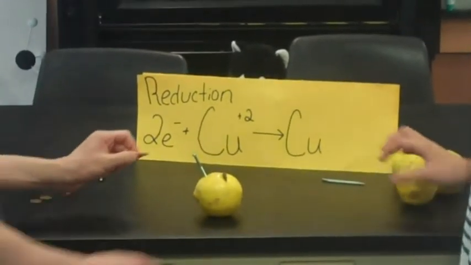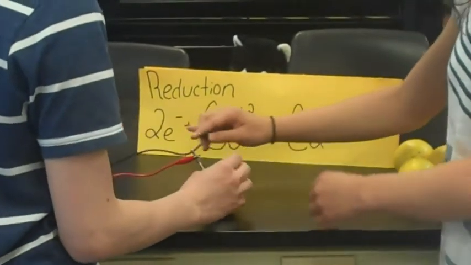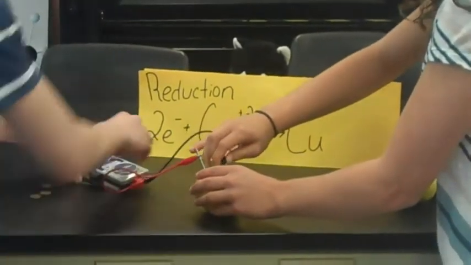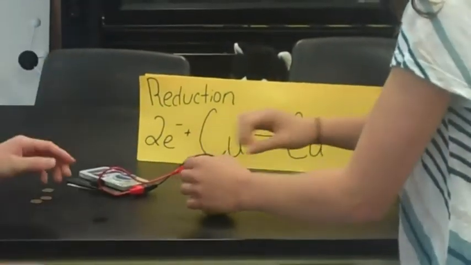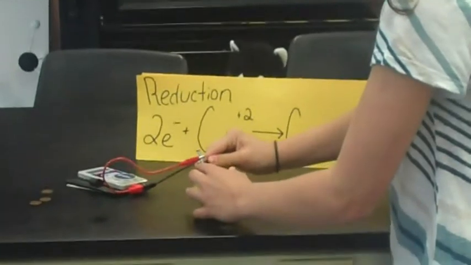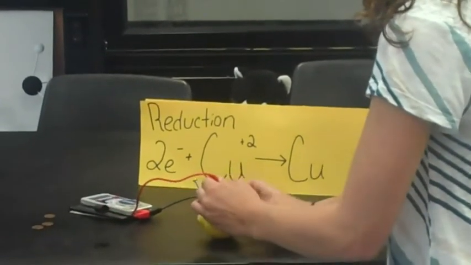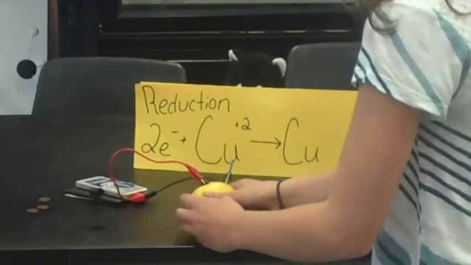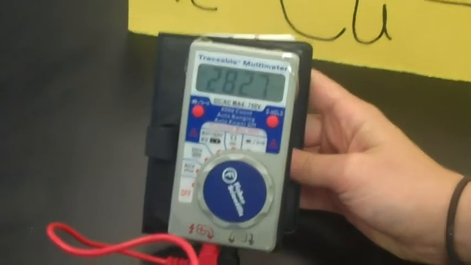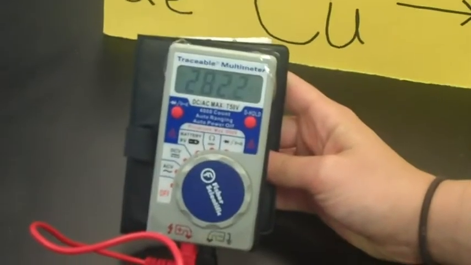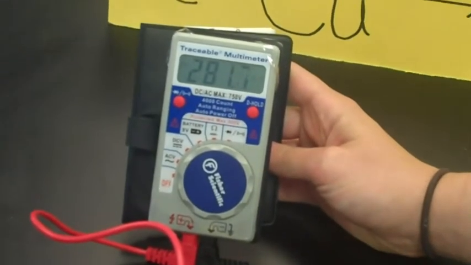Okay, next we'll put the voltmeter into the system, turn it on, and then see how much electricity is flowing. As you can see here, the system generated 282 millivolts of electricity.